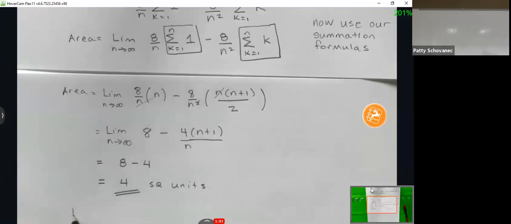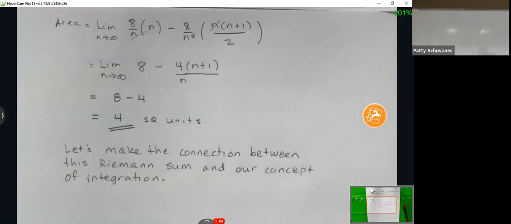Okay, so let's make the connection between this Riemann sum and our concept of integration. We're just going to do it by exploring.